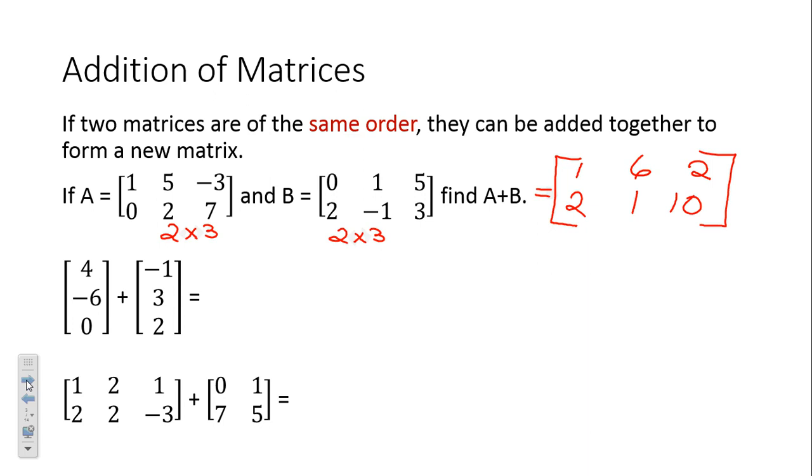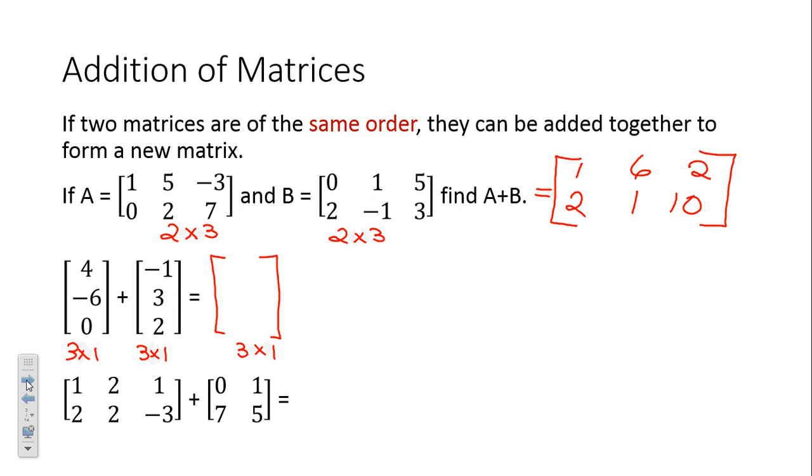Orders of our second example here. What's the order of this matrix? 3 by 1. This one is a 3 by 1. When we add them up, we'll get a 3 by 1. First row, first column.